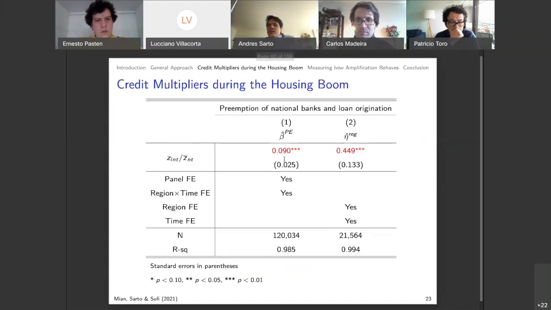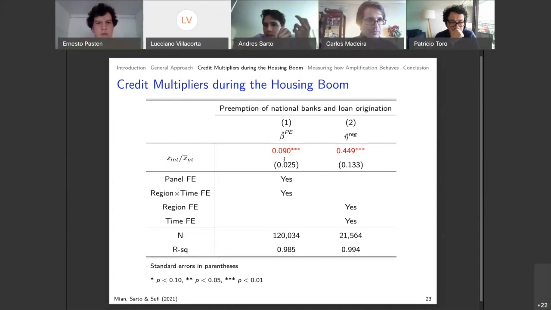So these are the results that you get. You run these regressions, and you get a partial equilibrium effect of 9%. When you look at the regional effect, that is 45%. So when you take the difference between the two, in proportional terms to this regional effect of 45%, that's 80% coming from these general equilibrium effects, from these G interactions.